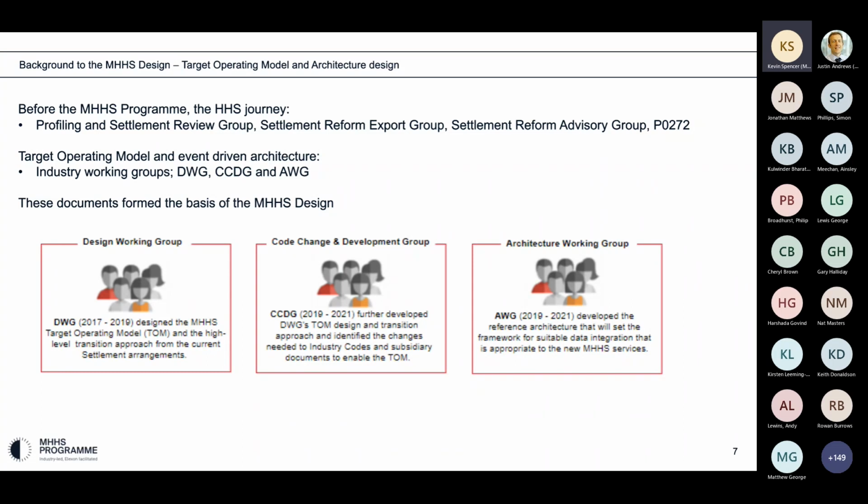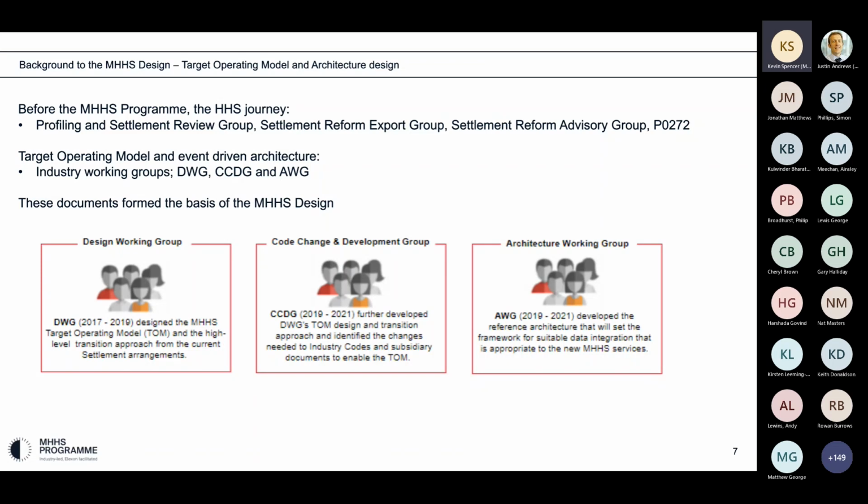This was then picked up by the Settlement Reform Advisory Group, which was an Elexon-led group, and that group did a number of consultations, but they put in place a number of changes to enable elective half-hourly settlement.